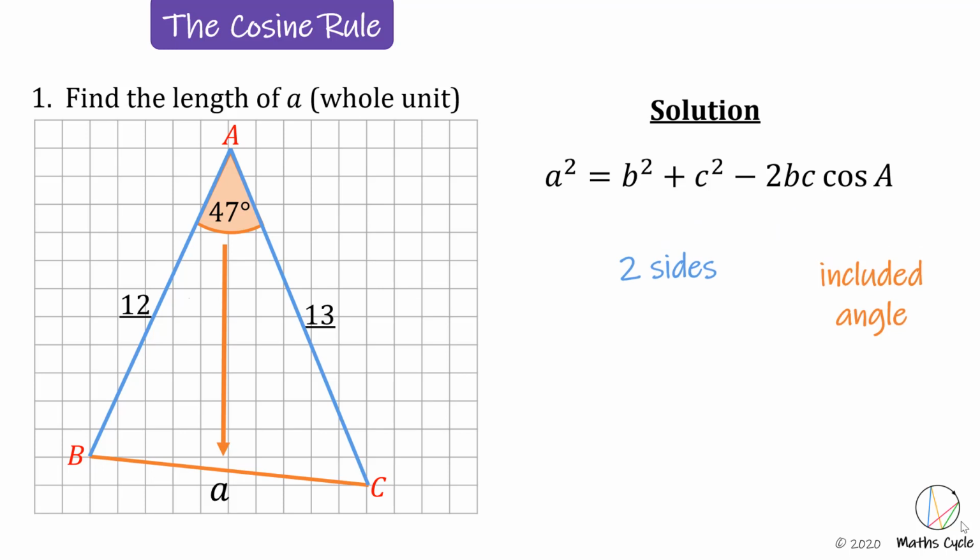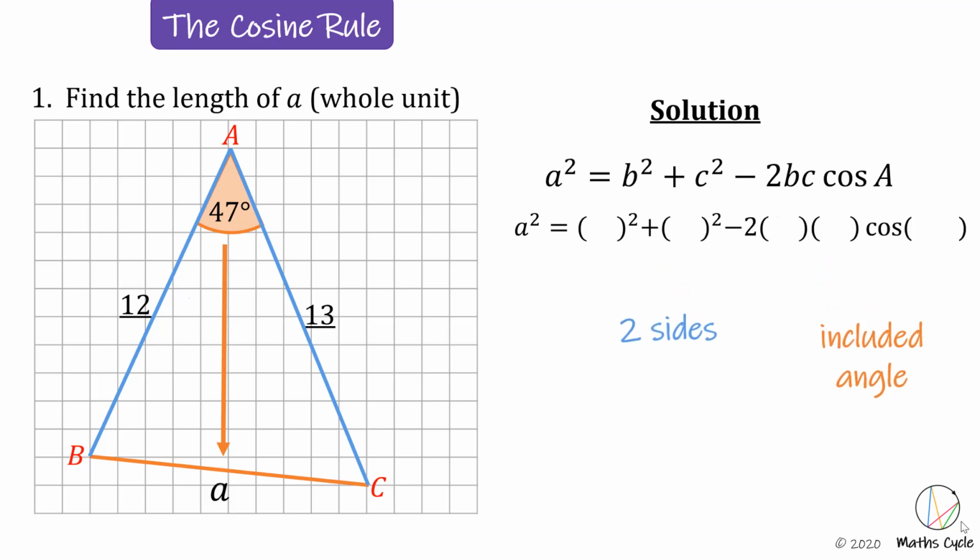Okay, so now we need to sub our values in. So what we have then is 12 squared plus 13 squared minus twice 12 times 13 times the cosine of 47 degrees. Now, all of this just goes straight into the calculator.